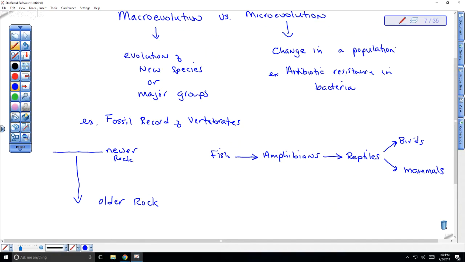We do not see them way back in the fossil record. Interestingly, they've actually decided that birds are examples of reptiles. They used to be a separate group. Now they consider them reptiles, and they kind of call them living dinosaurs because they're related to the dinosaurs. Okay? So this progression would be an example of macroevolution.